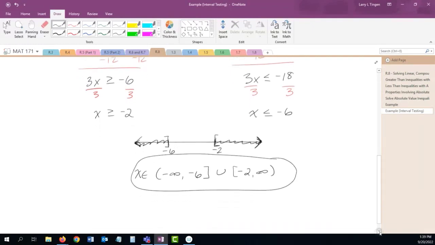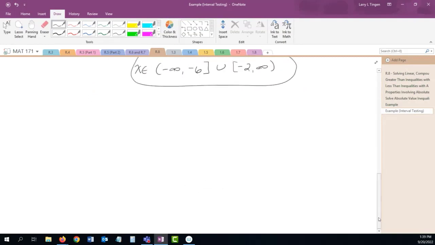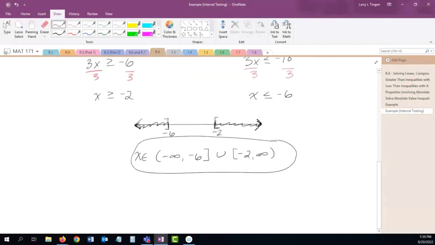Now, the note at the top says example of interval testing. So what I want you to notice about this is we're saying not just that negative 6 works, everything less than negative 6 works. We're saying that if the number's between negative 6 and negative 2, it's not a solution.